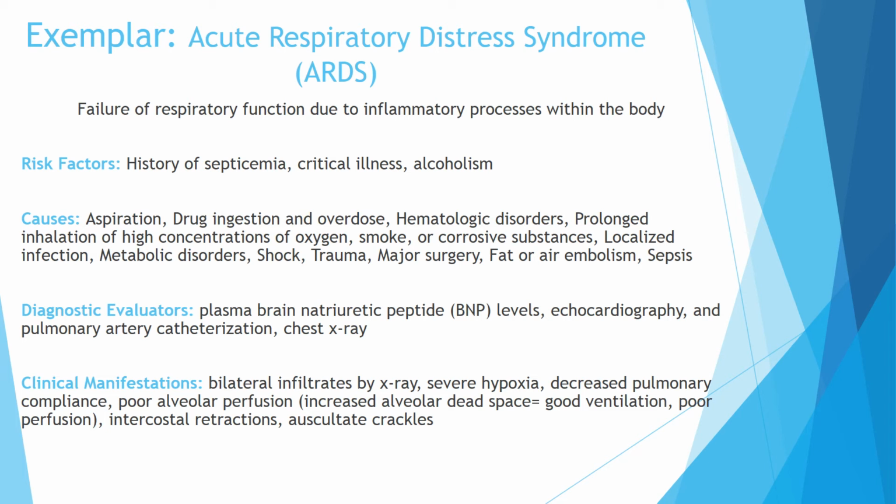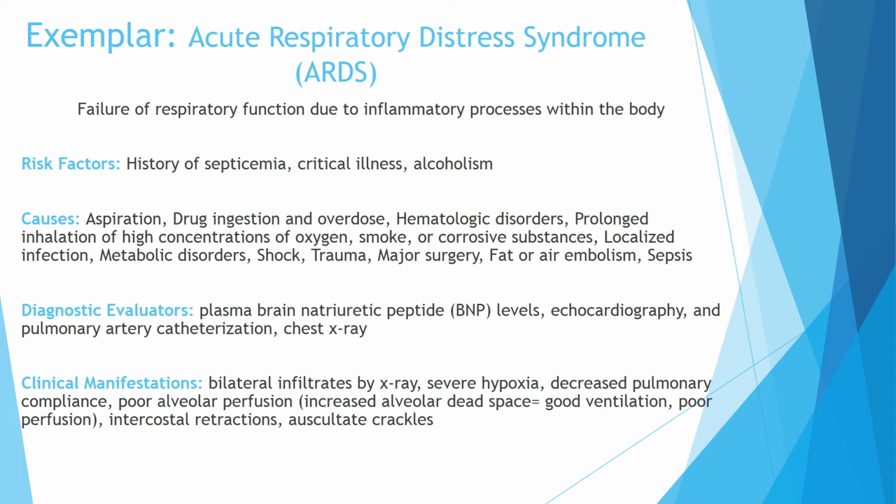Hematological disorders, so sometimes if people have bleeding disorders, localized infection, sepsis, okay, major trauma or shock, any major surgeries, and also embolism, whether it be fat or air embolism. So any injury that occurs to the lungs can potentially cause acute respiratory distress syndrome.